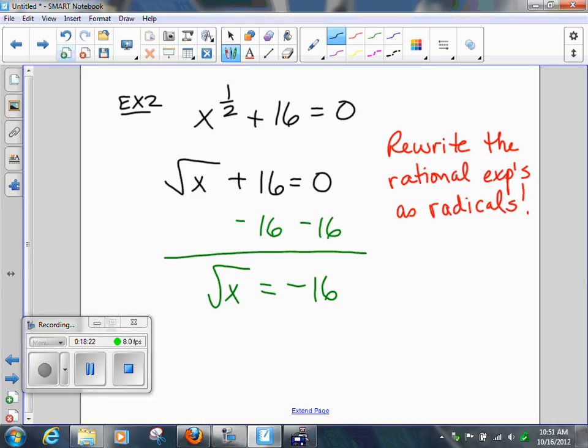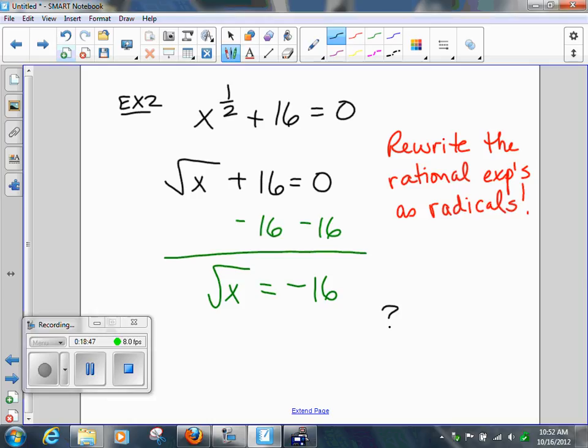And if it were the 1/3 power, how would I rewrite that? The cube root of x. Folks, is that possible? Can I have the square root of a number equal to a negative value? Can't. This is kind of weird.